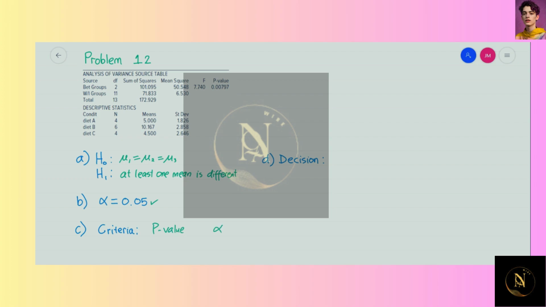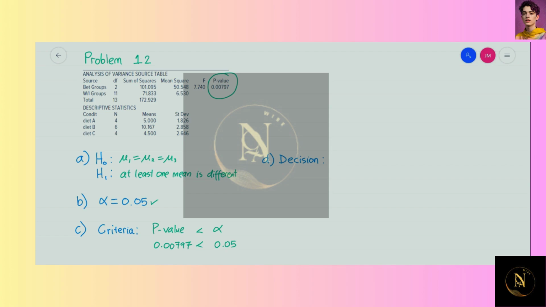In this case, the p-value is given as 0.00797, and alpha, the level of significance, is 0.05.